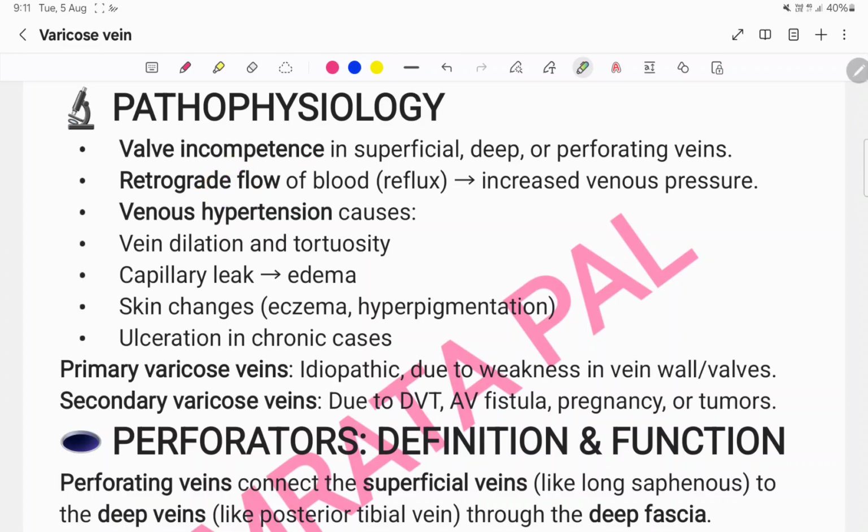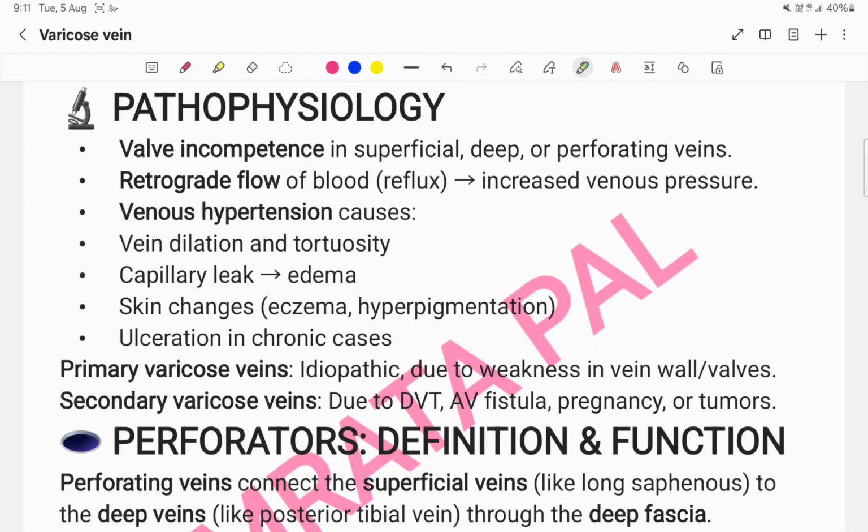It is mainly seen that from superficial vein blood goes to the deep vein through the perforators. Now if the perforators are incompetent, retrograde flow takes place from the deep vein to the superficial vein and causing engorgement of the superficial vein, which is known as varicose vein.